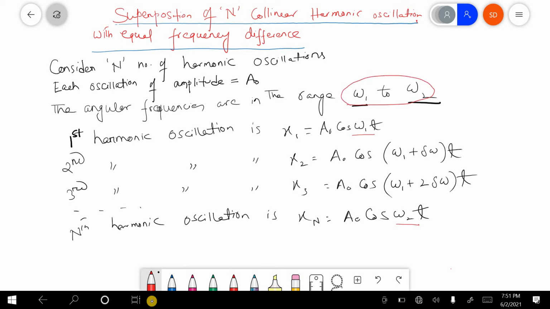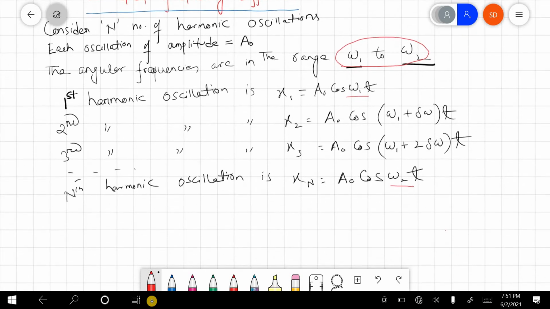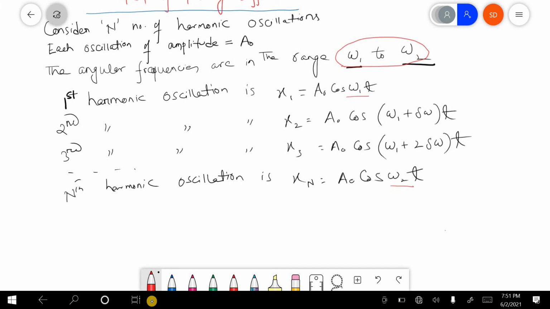And the difference in frequency between two consecutive harmonic oscillators is del omega. This you keep in mind.